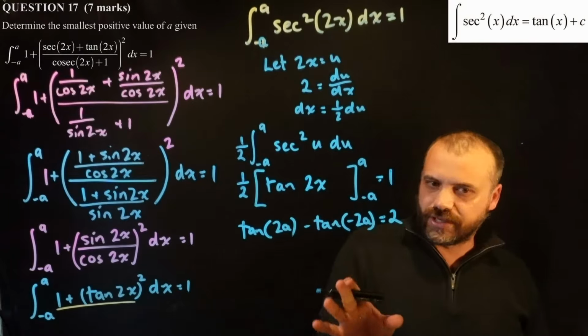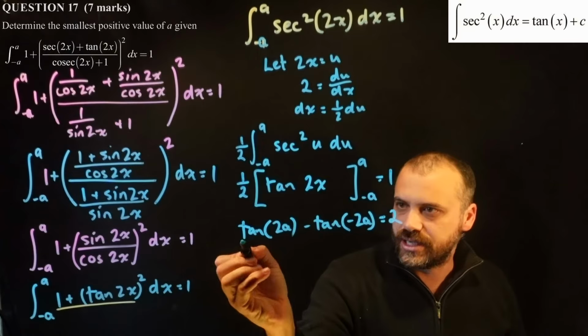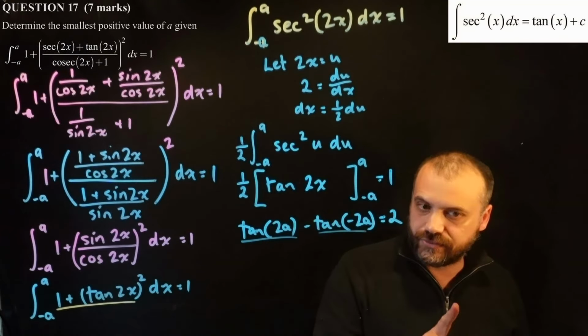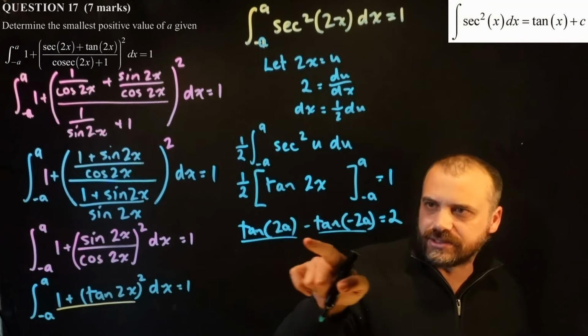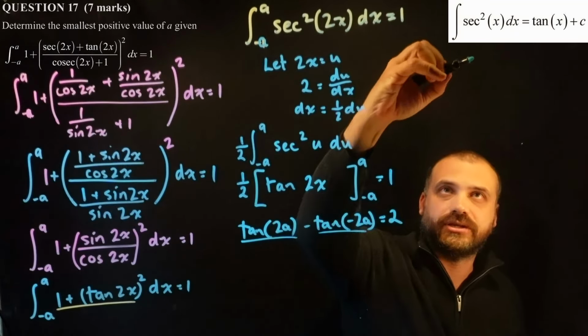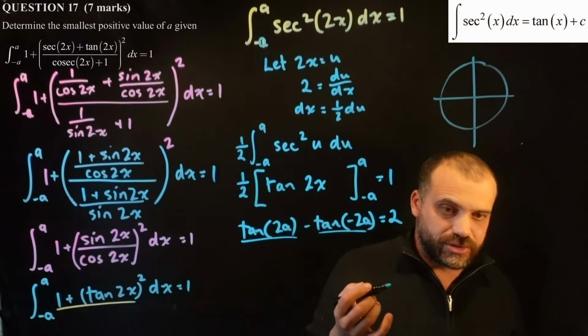This question's full of interesting, tricky little bits here. This value here, tan 2a, and this value here, tan negative 2a. Let's puzzle out how tan 2a and tan negative 2a are related to each other. Remember, everything sort of exists on a unit circle.